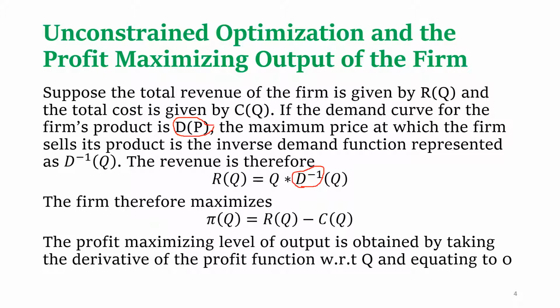I need you guys to note this one, because you know the revenue is obtained by multiplying what? The price by the quantity.